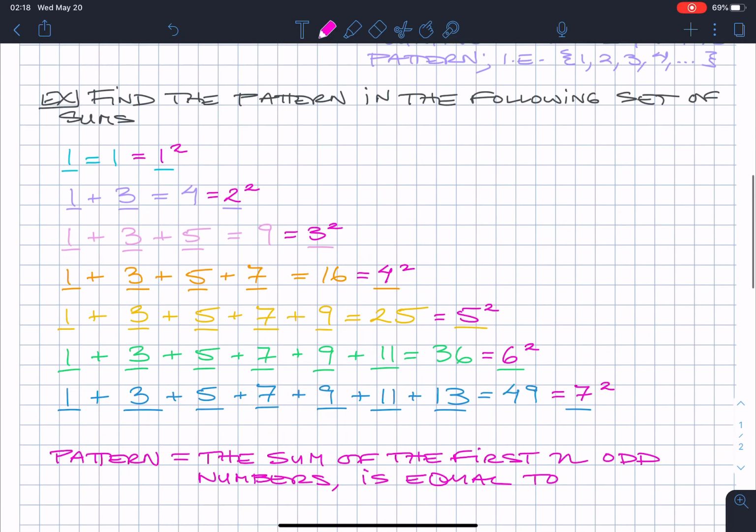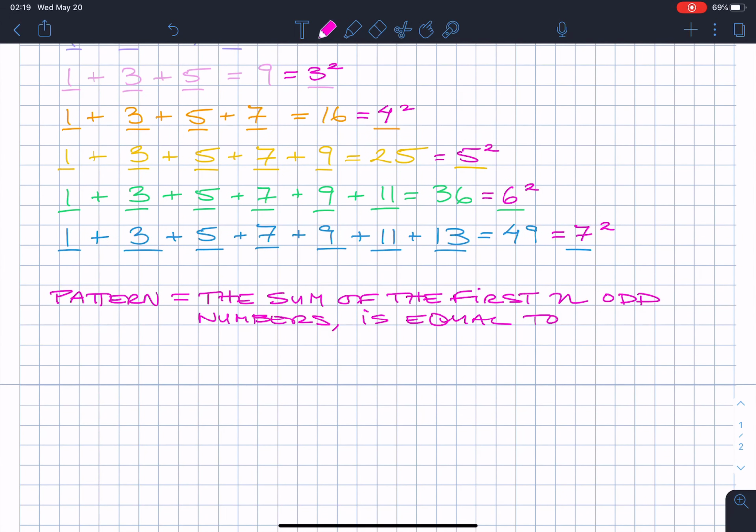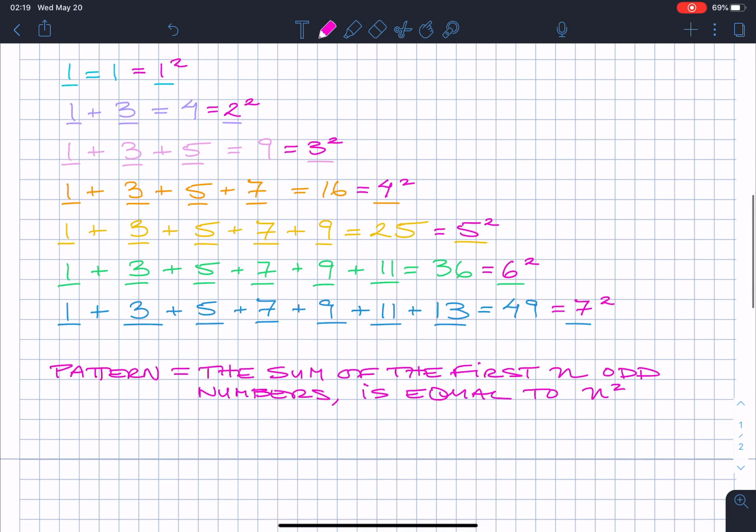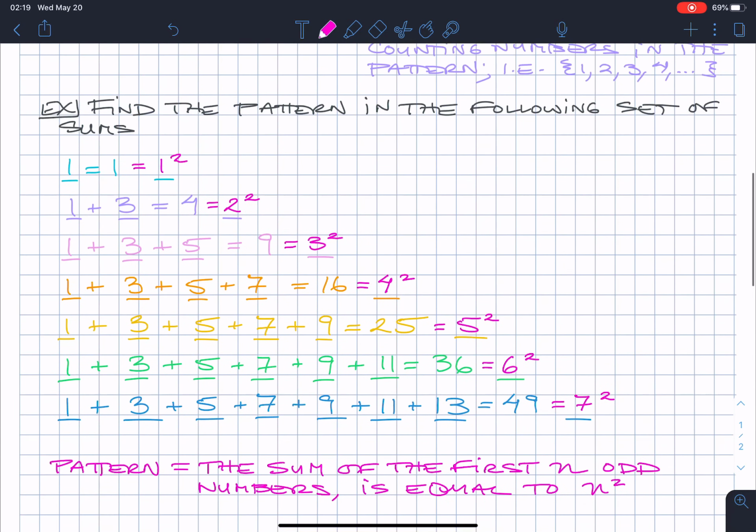If I add one odd number, I get 1 squared. If I add 3 odd numbers, I get 3 squared. So if I add n odd numbers, I get n squared. So that's a pattern here. This is another way of solving: always try to find the counting numbers, the 1, 2, 3, 4, 5, etc. Okay, so that ends section 1.5.